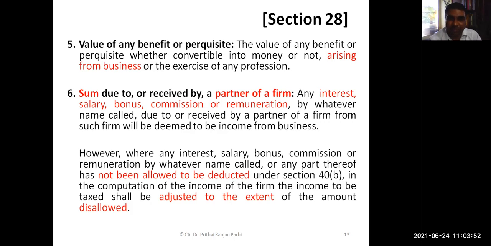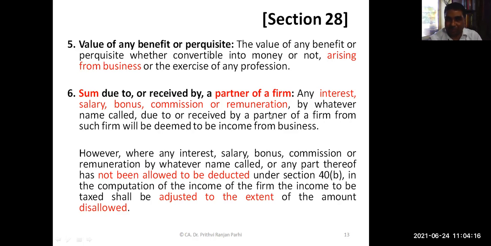Item number 6, sum due to or received by a partner of the firm. You know, when a partnership firm does a business, the firm pays remuneration to its partners if it is permitted under the partnership deed. Remuneration may be paid in the form of interest, salary, bonus, commission, and other forms.